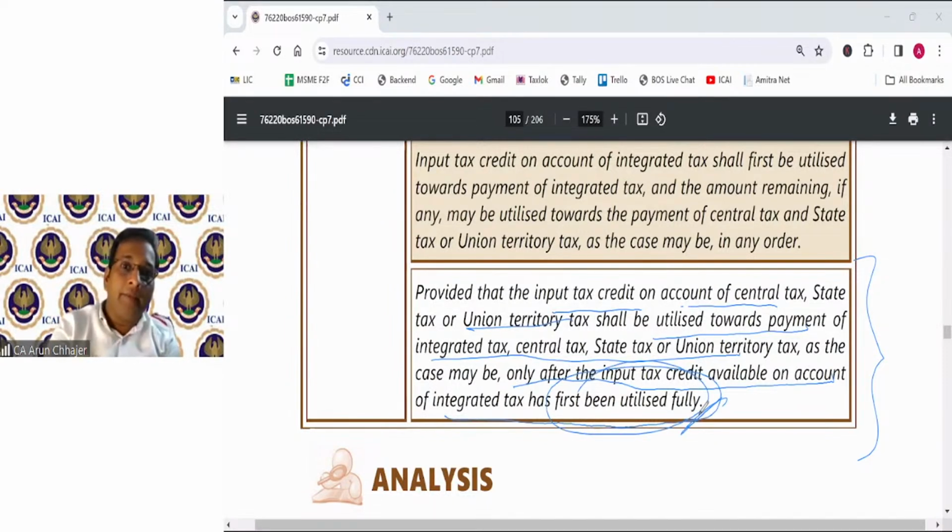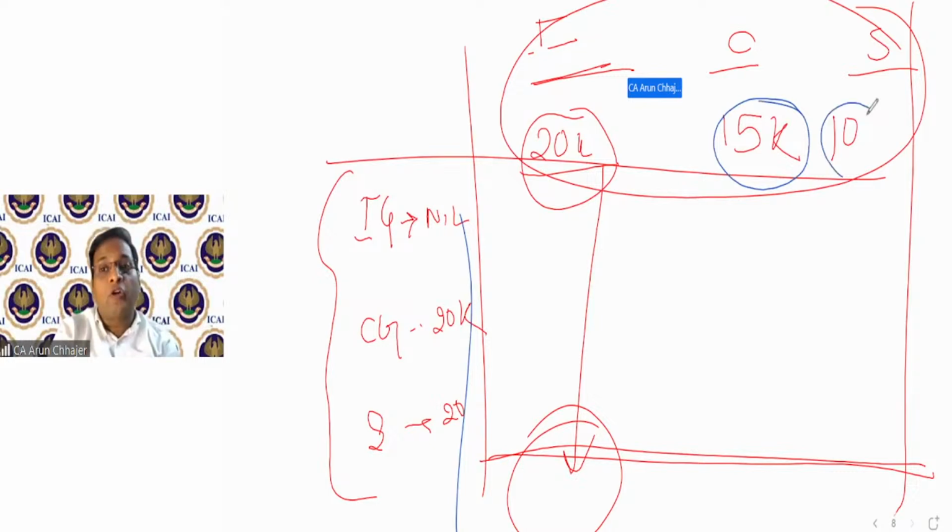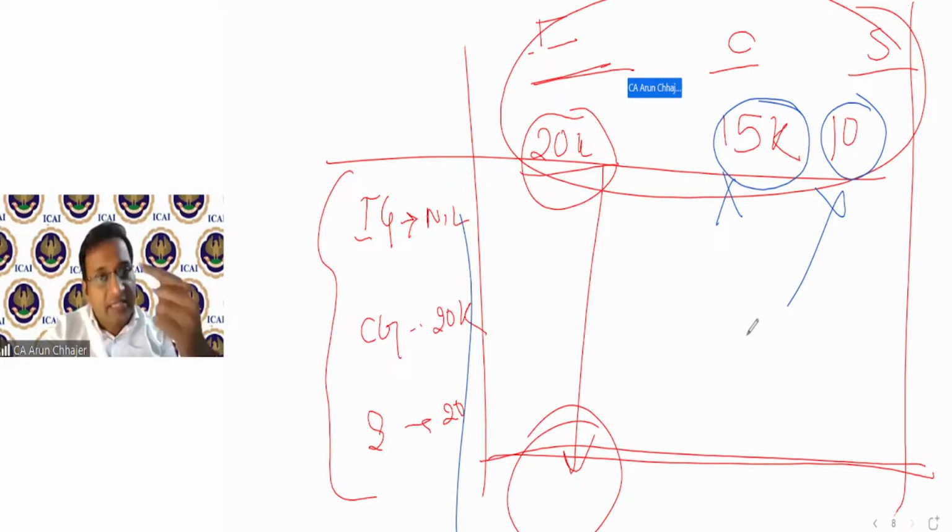Meaning thereby, till the time you exhaust the 20,000 for any of the head, you cannot use C, you cannot use S. It means the I should become 0, then only you are allowed to use C ka ITC and S ka ITC.